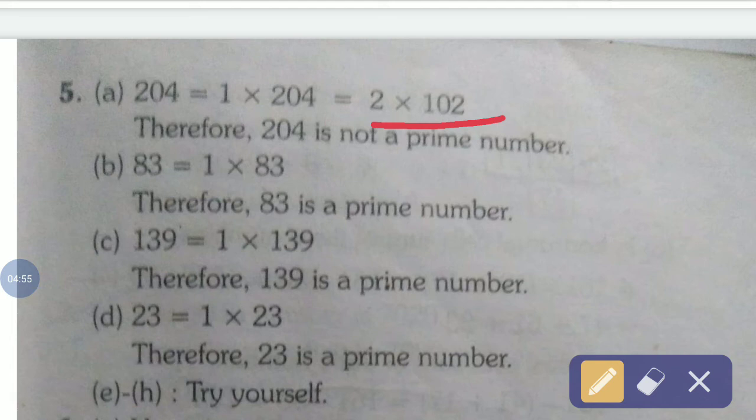So it is not a prime number. 83 doesn't have any factors, so it is a prime number. 139 is also not. You have to see that and then compare it, as you are knowing the divisibility tests, and that way only you have to do it.